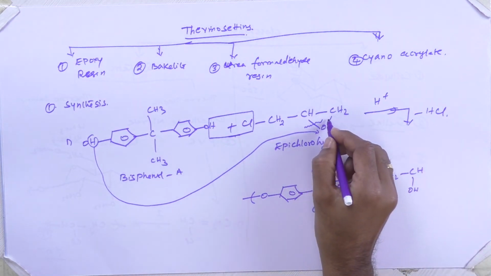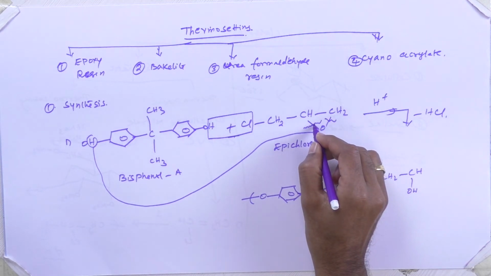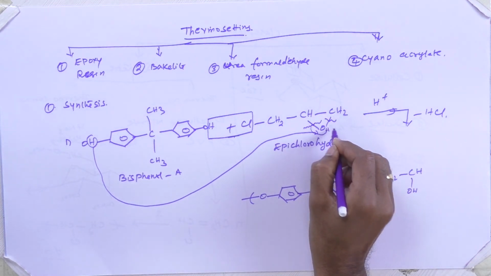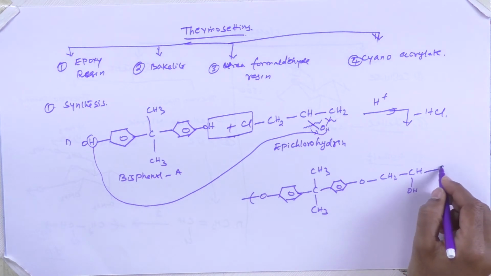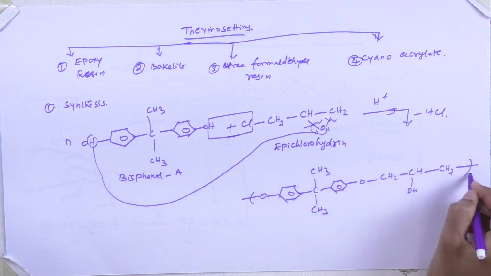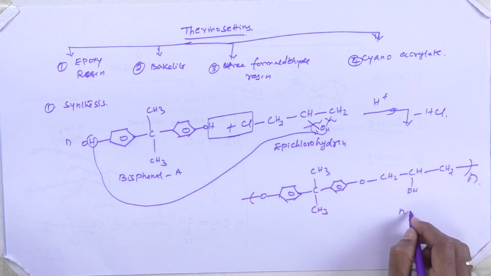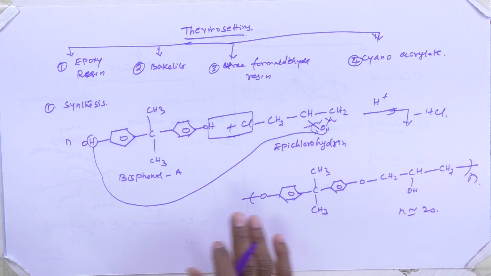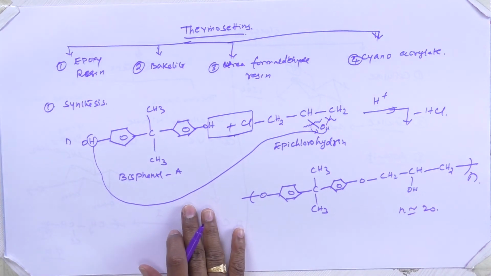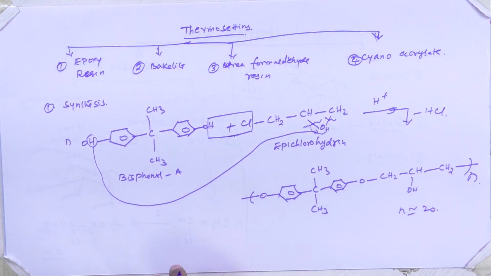In fact, this bond will get broken and this will form a kind of molecular arrangement. It forms hydrogen, CH2, CHOH, then CH2, and n number of monomers are getting involved in it. The number n is nothing but the degree of polymerization. The degree of polymerization may vary from 10 to 20, up to a maximum of 20. So depending upon the n value, it forms a strong adhesive material.